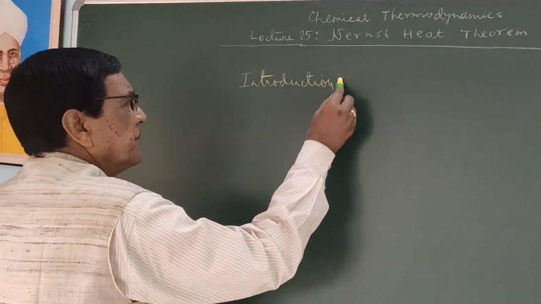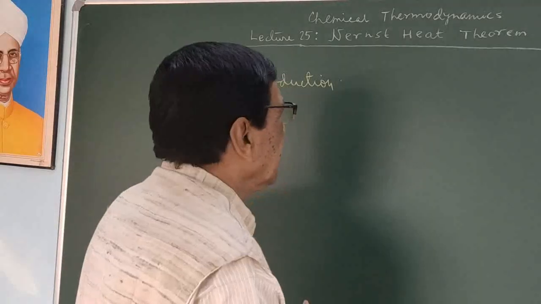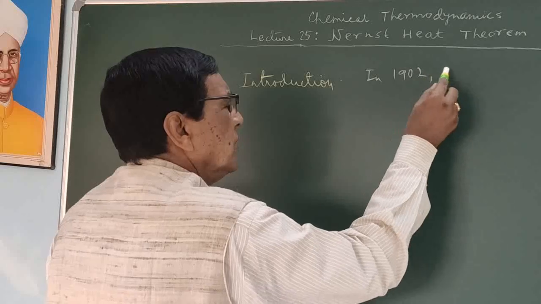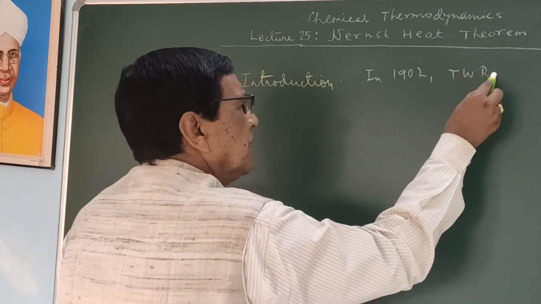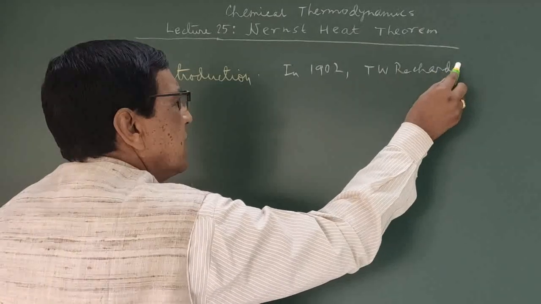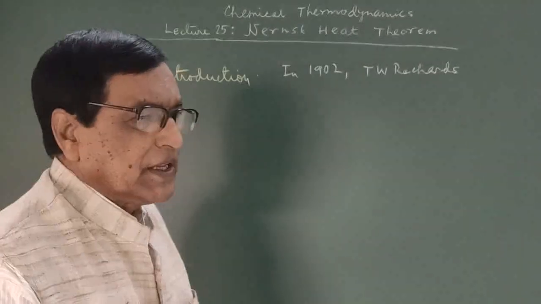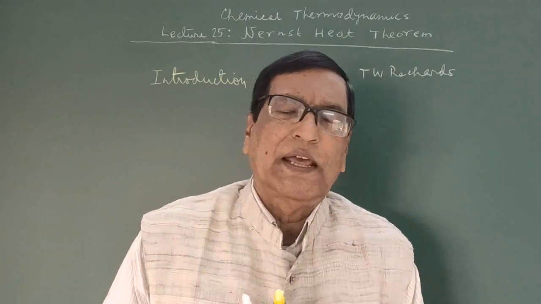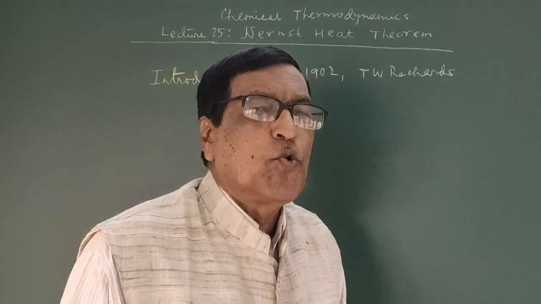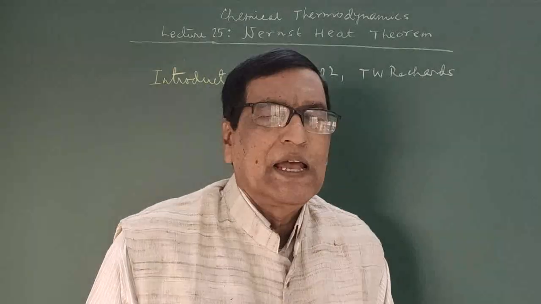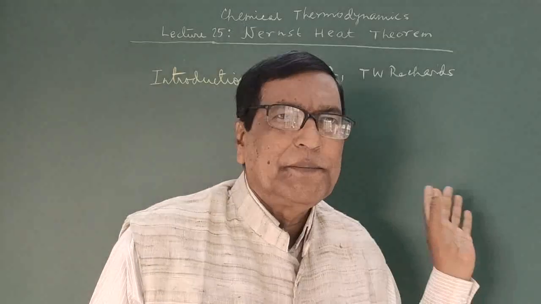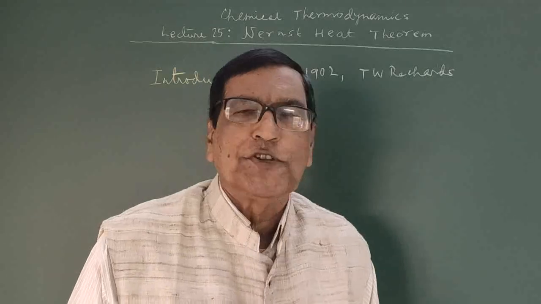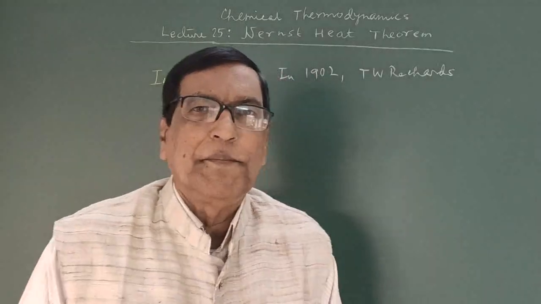I can say that in 1902, T. W. Richards studied the change in free energy and change in enthalpy for the reactions occurring in galvanic cells, and he determined these two thermodynamic properties by the use of a potentiometer at very low temperatures.